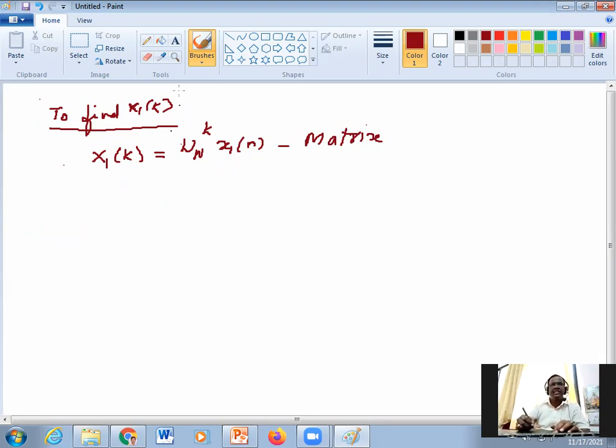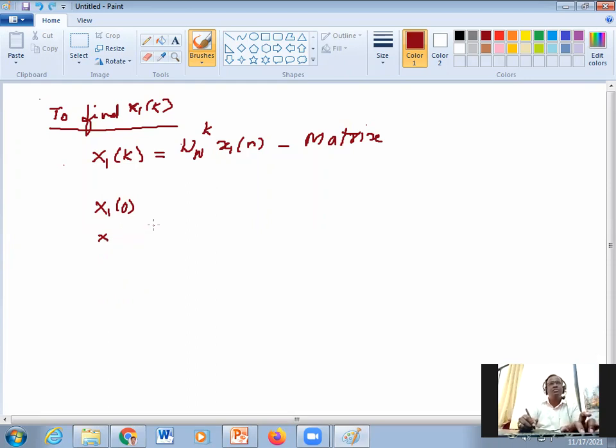So this I can write as x1 of j. This I can write as x1 of 0, x1 of 1, x1 of 2, and x1 of 3 will be equal to, or else simply we will write it as x1 of k.